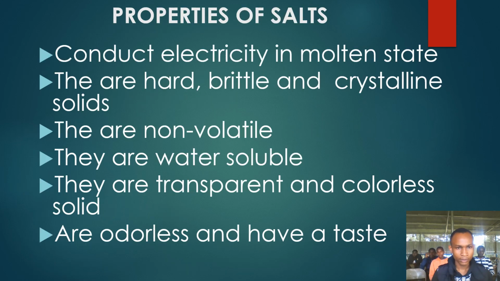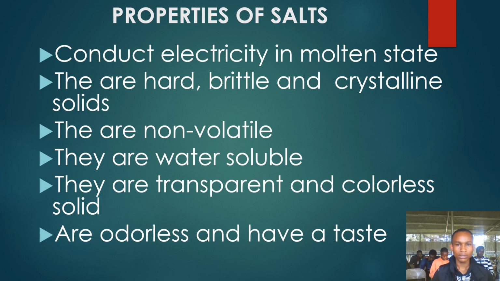Okay, good morning. Today I want us to cover the properties of salts. The first property is the conductivity of electricity. As we all know, conductivity of electricity is due to the presence of mobile ions or the presence of delocalized electrons.